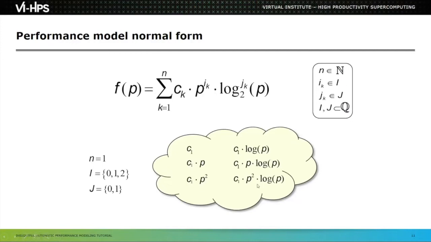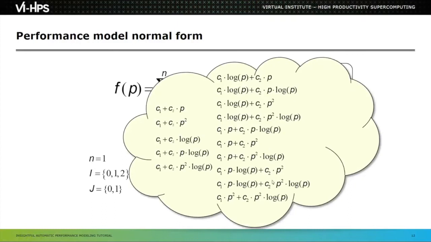And then, of course, with different exponents as well. As you can see, we can also extend this in the later part and add several function terms. And it gets complicated pretty quickly, and you see we can create a huge search space.